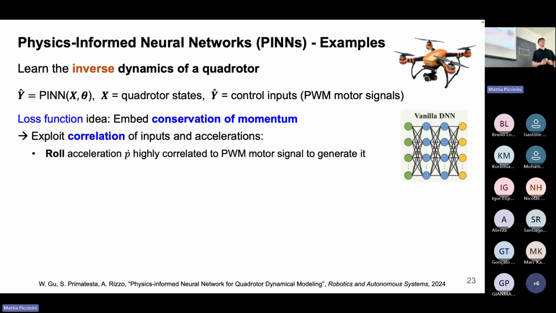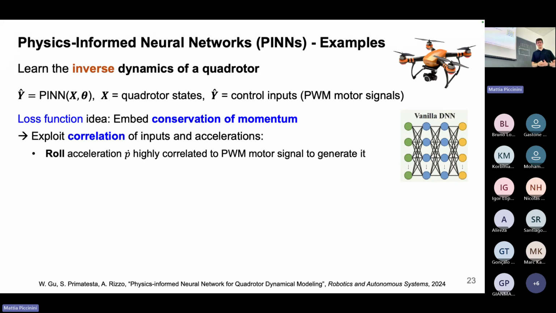Intuitively, they said, okay, our roll acceleration, so when the drone rolls about its longitudinal axis, is correlated with the motor signal that we use to generate it. So when we want to roll, probably the right motors need to spin differently from the left motors. And intuitively, there is a correlation, they say.